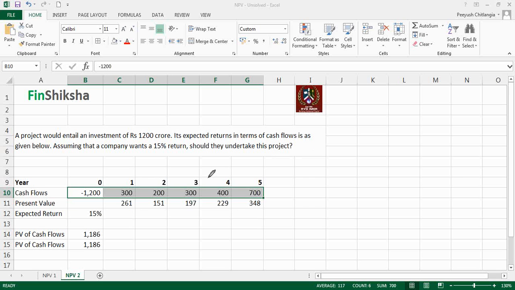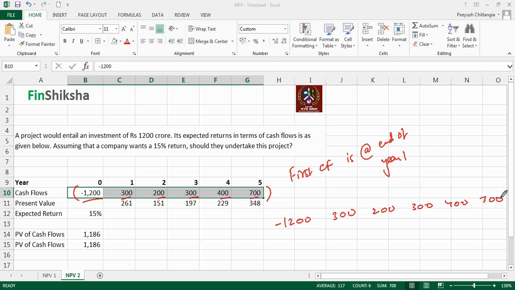NPV. Remember, NPV only takes the cash flows as arguments. And the assumption of NPV is that the first cash flow is at the end of year 1. So if I put 1200, 300, 200, 300, 400, 700, it will put in all these numbers as minus 1200, 300, 200, 300, 400 and 700.